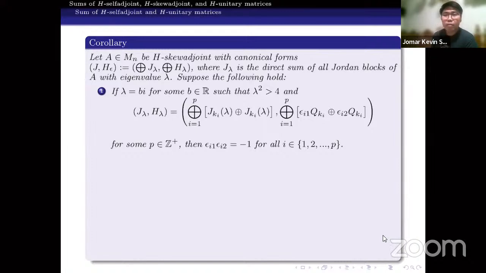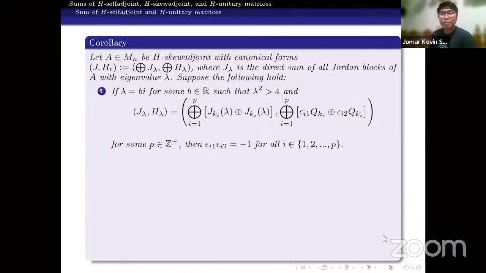Jomar, parang may typo ka dyan. Yes, ma'am? Kasi hindi ba lambda squared is going to be negative if it is pure imaginary? Opo, sorry.